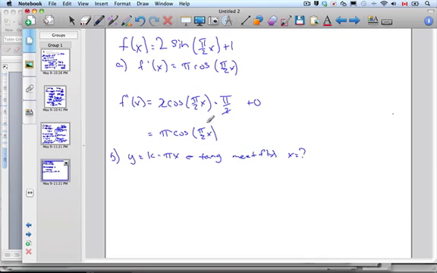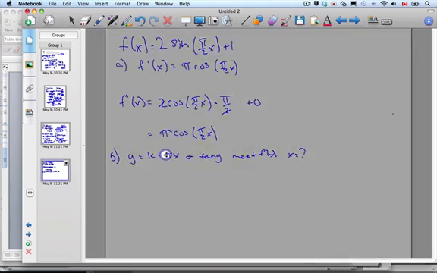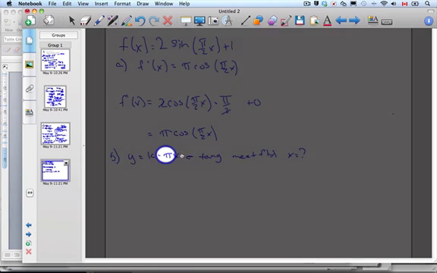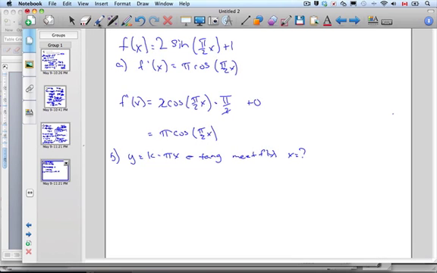Here's my derivative. The derivative and the tangent line are related: the derivative is the slope of the tangent. Here's the equation of the tangent, and this is its slope.